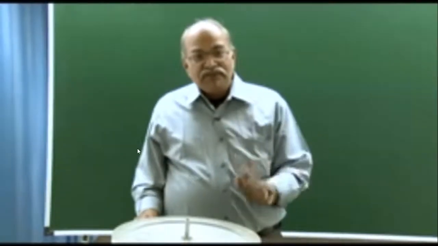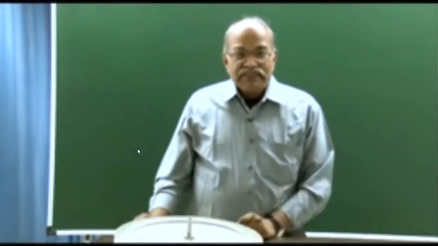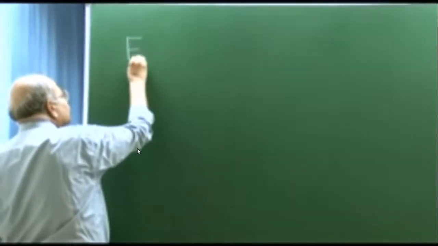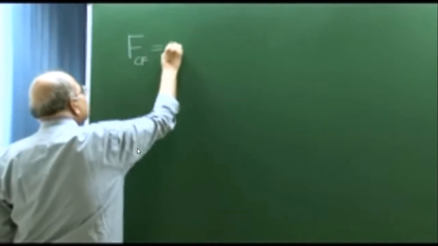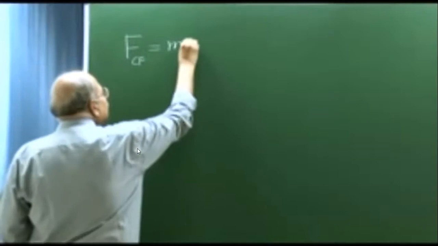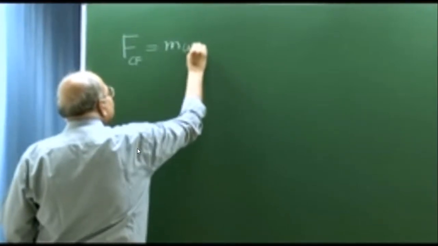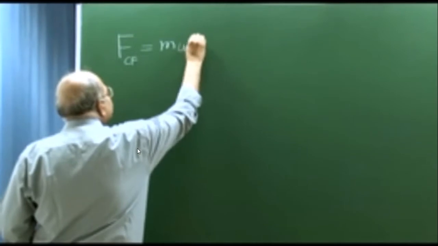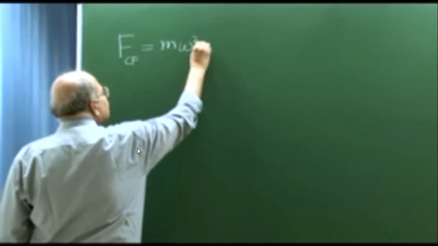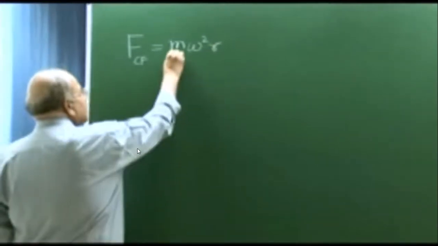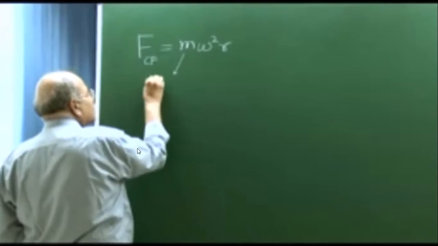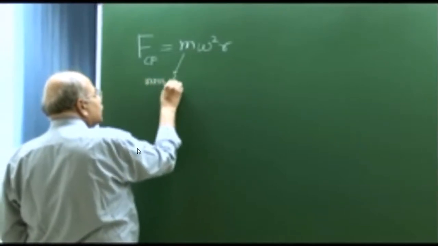The magnitude of the centrifugal force is given by this expression. Write F centrifugal: the magnitude is m omega squared r, where omega is the angular velocity of the frame, and r is the distance from the axis. What is this m? This is the mass of the particle which you are discussing.